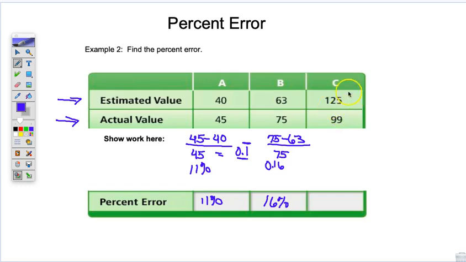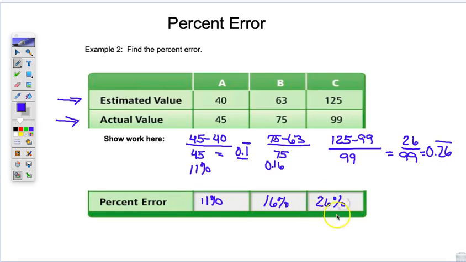This time, the estimated number is larger than the actual, but I still divide by the actual. So 125 subtract 99, that's 26. Dividing that by 99 gives me a decimal of 0.26, which is also repeating on my calculator. Moving it 2 places to the right, and rounding to the nearest whole percentage, it would be 26%.